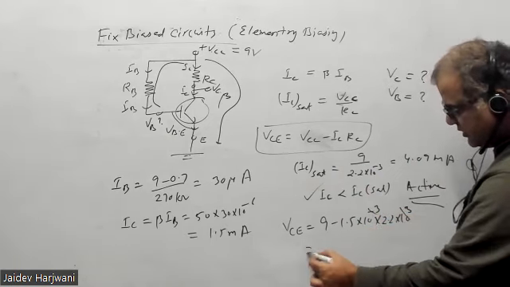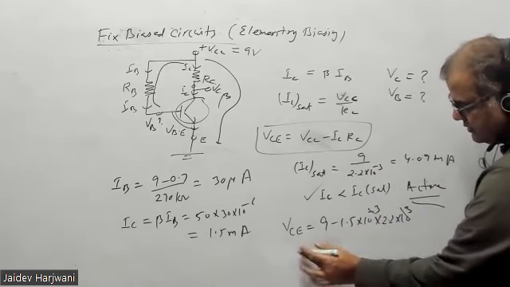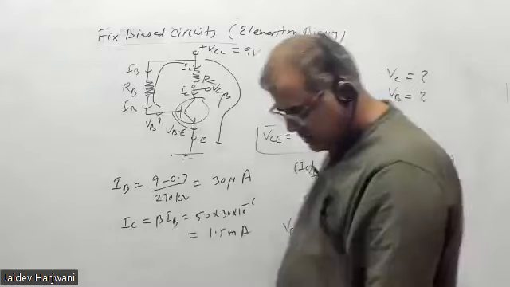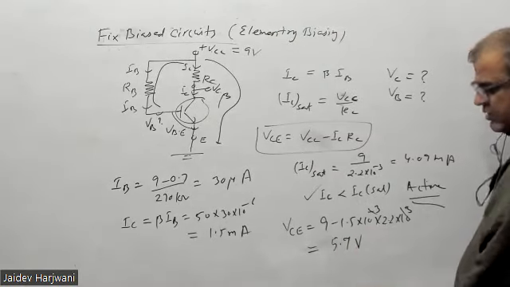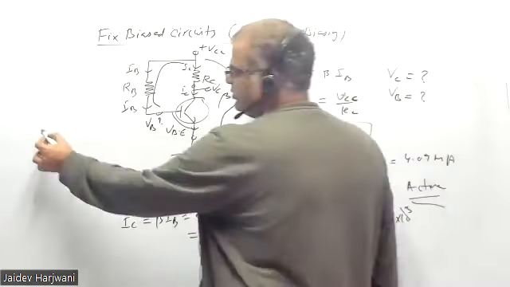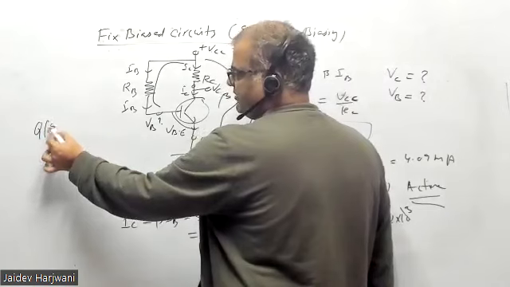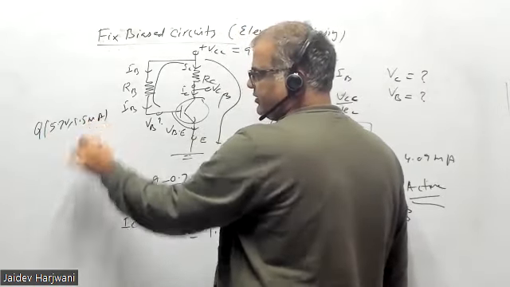This cancels out. 9 minus, tell me how much is coming. 5.7. Very good. 5.7 volt. So my operating point Q becomes 5.7 volt and 1.5 milliampere.